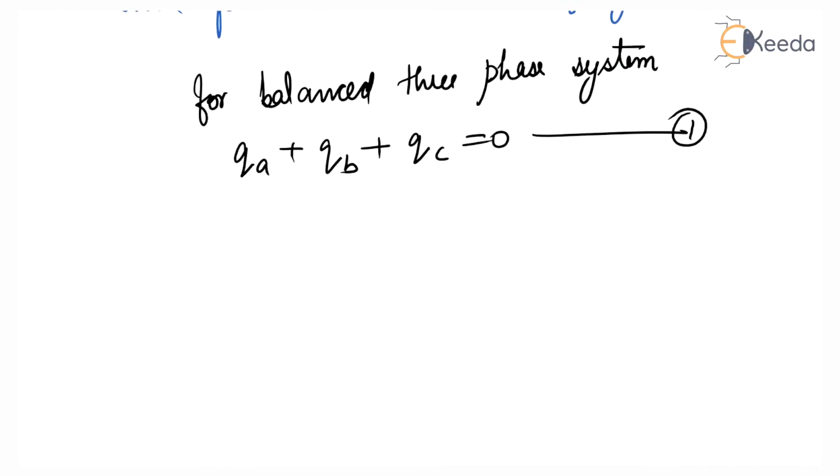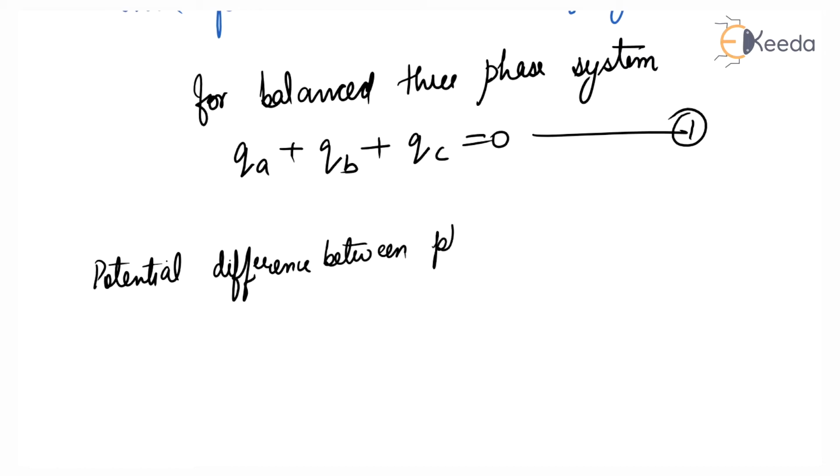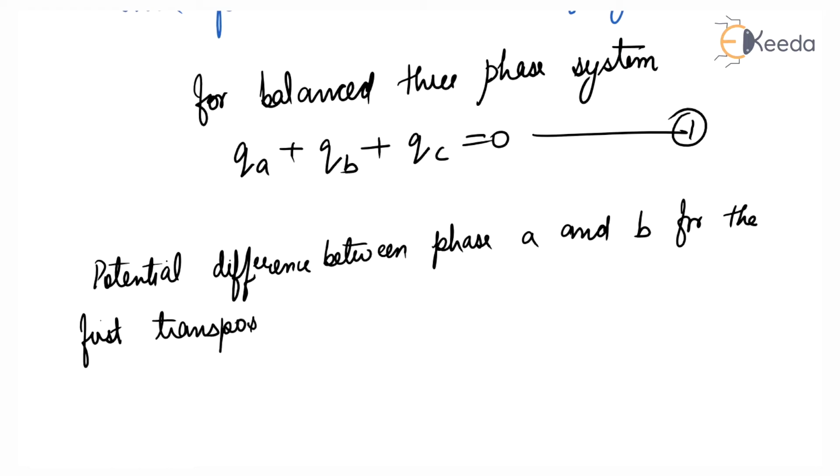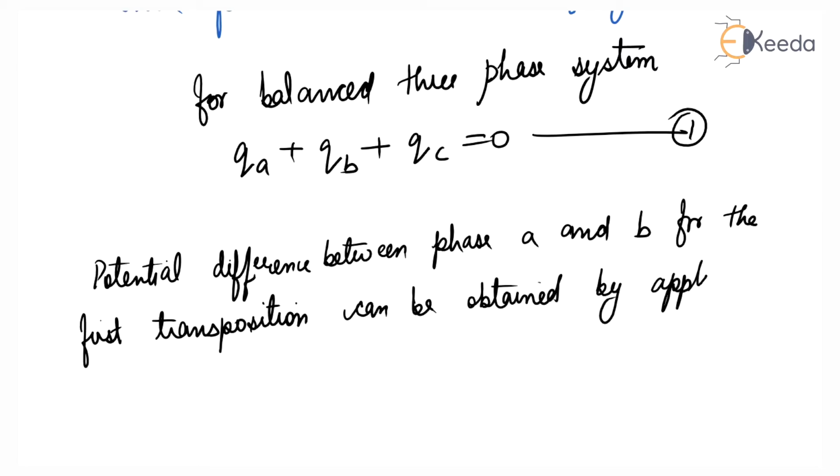So the potential difference between phase A and B for the first transposition cycle, means for A, B and C, can be obtained by applying the generalized equation for capacitance.